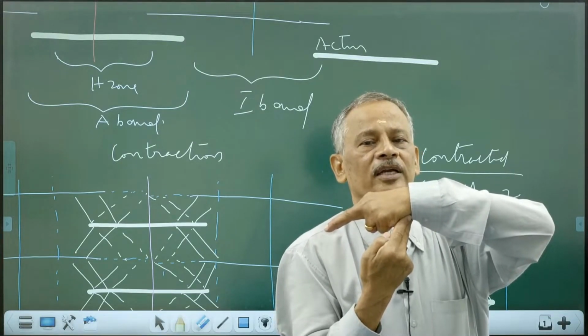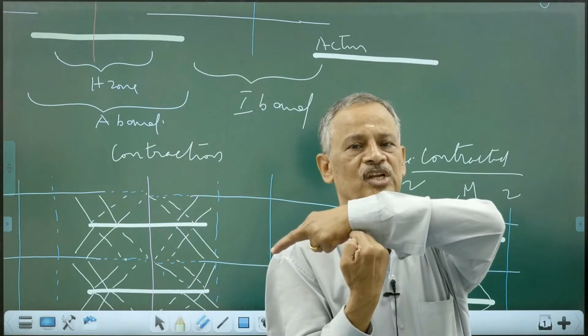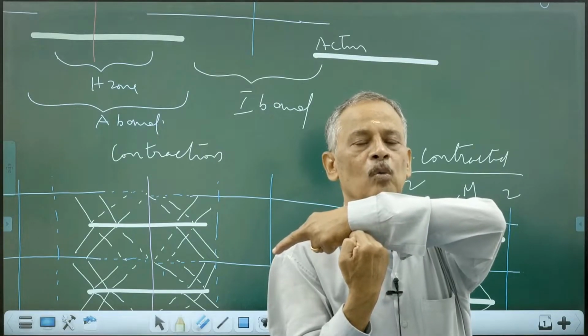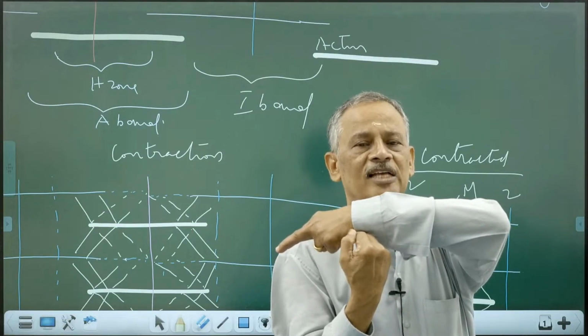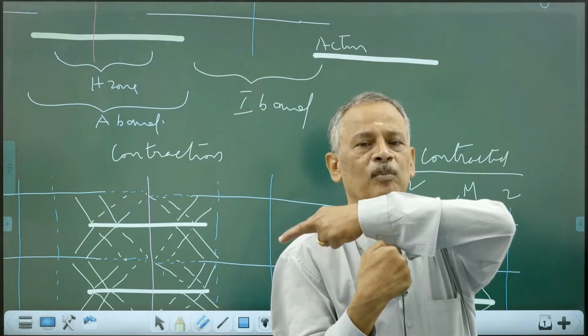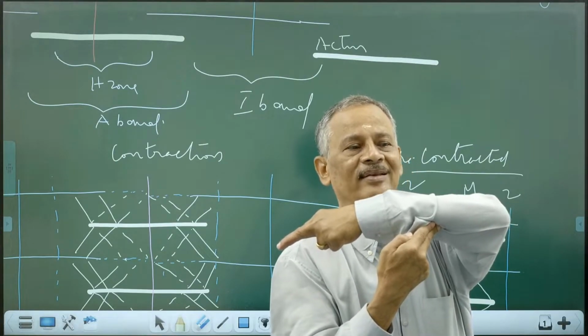Again, ATP is split and the head is moving in the opposite direction. Again, ADP and P is removed. A new molecule of ATP comes, gets attached to this site. Again, the bridge is broken and the head moves and gets attached with the thin filament at another site.